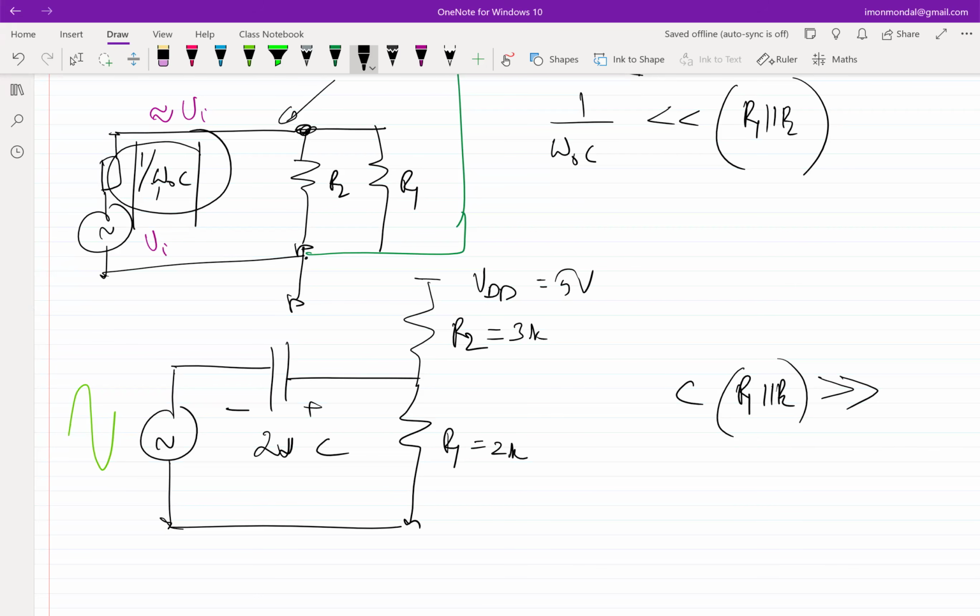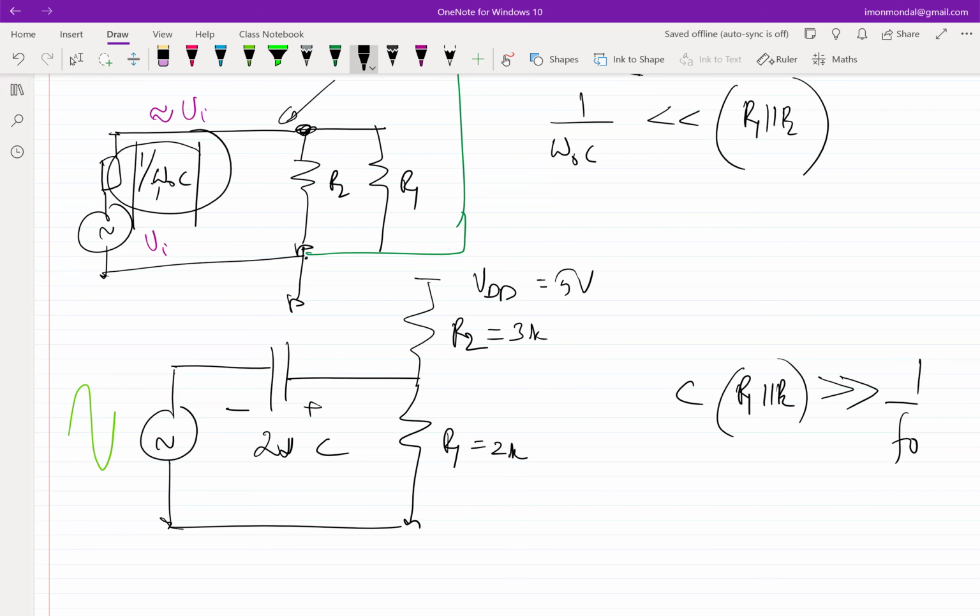So essentially, if we don't do any analysis, all we have to say is that as long as this time constant is much, much greater than one time period, T naught, then we are good. T naught is essentially 1 by f naught. As long as this is fine, then this contraption should look like whatever we want, right? So what I'm trying to get at is that sometimes in circuits, it's not very straightforward to do analysis of the full circuit all the time.